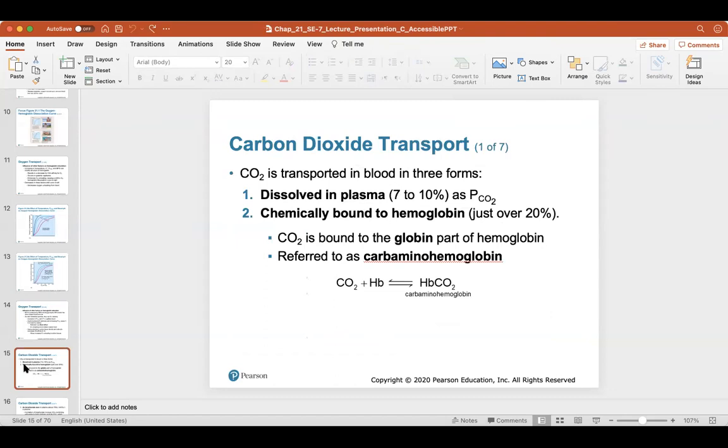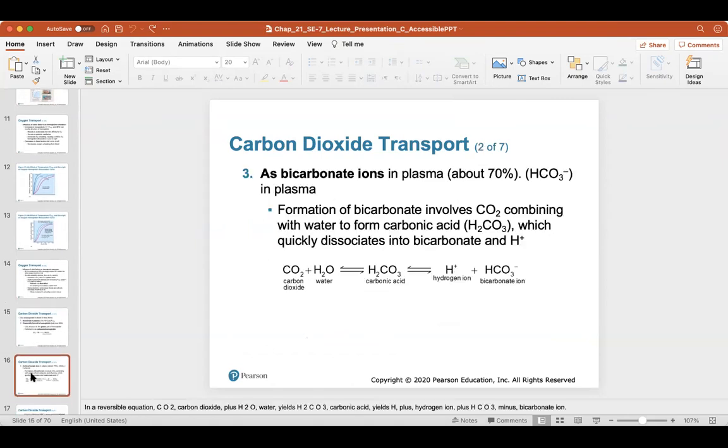Now we'll talk about carbon dioxide transport. Carbon dioxide is transported in the blood in three forms: dissolved in plasma, chemically bound to hemoglobin, which we refer to as carbaminohemoglobin, and as a bicarbonate ion in the plasma. Most of your carbon dioxide is actually transported in the plasma as what we call bicarbonate ion, about 70%.